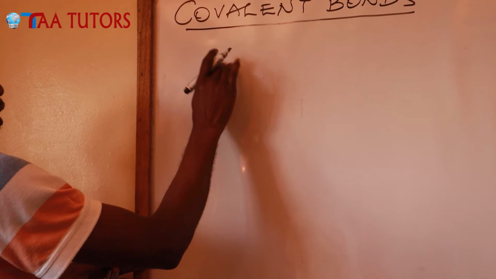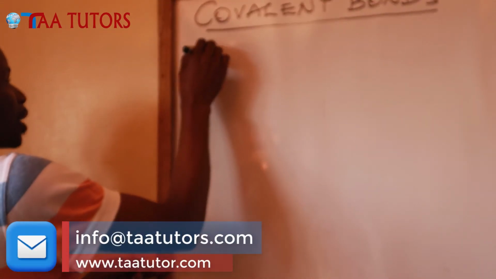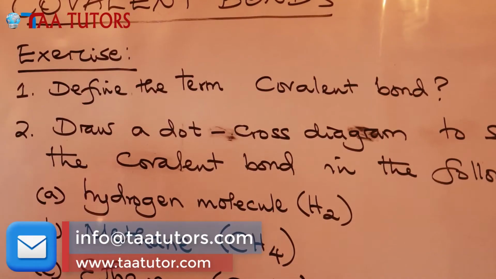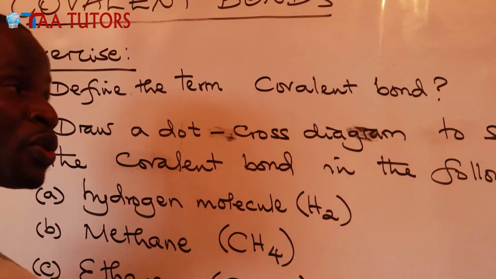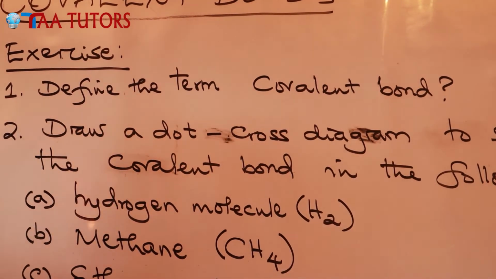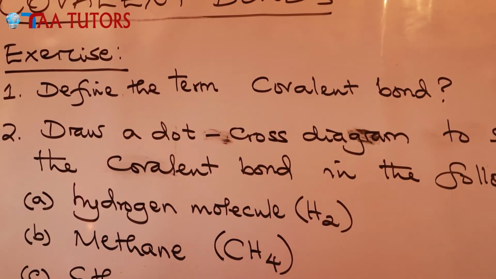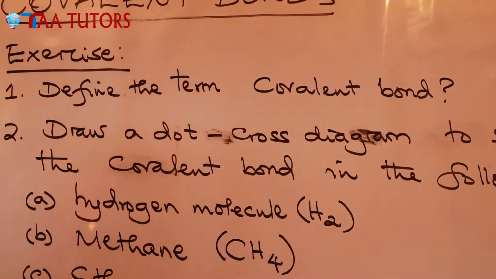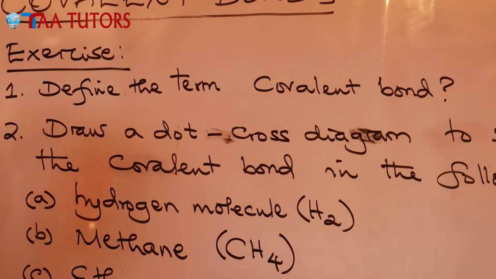Look at the screen and try the following questions. Viewers, I want you to try these questions to see if you have really understood what we have talked about today. The first question is to define the term covalent bond. That's a very important question.